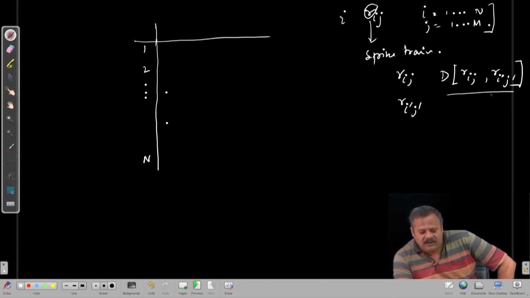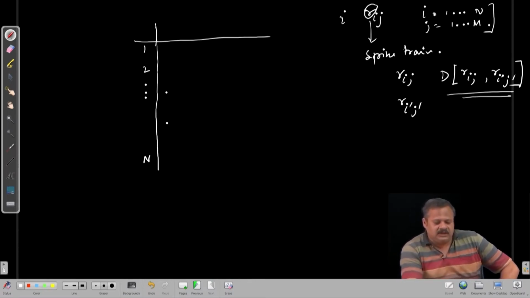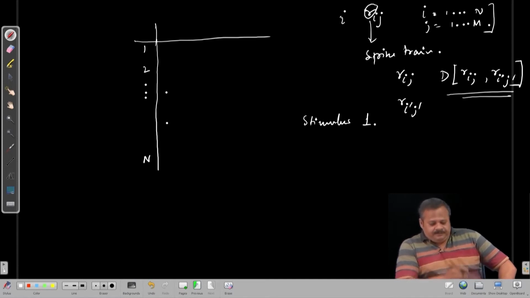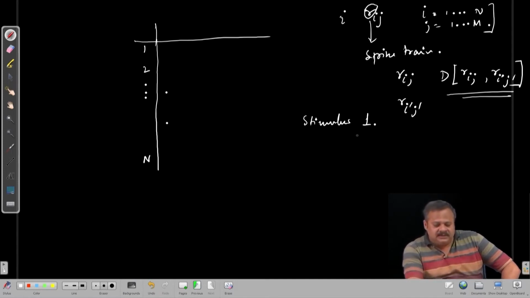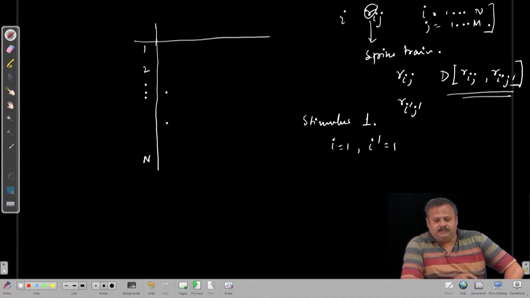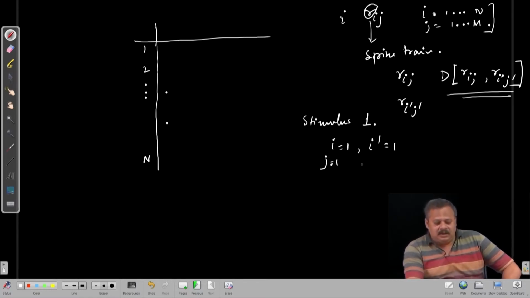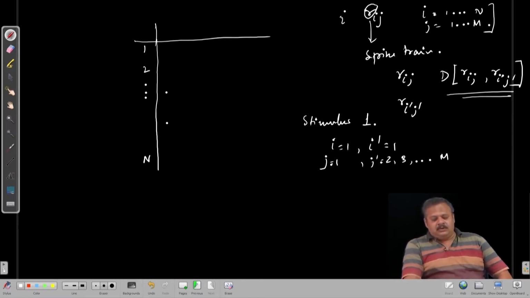So with this distance, let us say we first start with stimulus 1. First we consider within stimulus 1, that is, our i is 1 and i' is also 1. Now we take j equals 1 and our j' is 2, then 3, then up to capital M. So what are we doing?